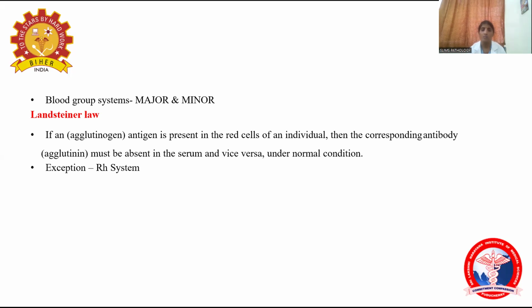Why? Because we don't want agglutination or sticking of RBCs to happen. So, in short, when an antigen is present in the red cell membrane, the corresponding antibody must be absent, and the vice versa should occur in the normal condition. This is called Landsteiner's law.